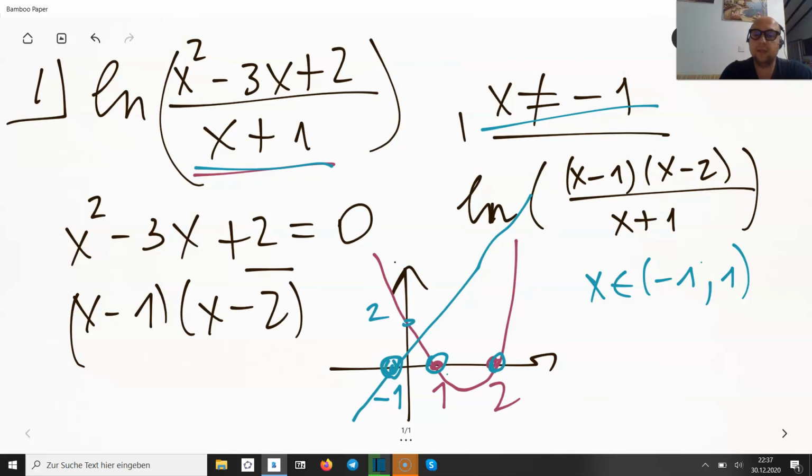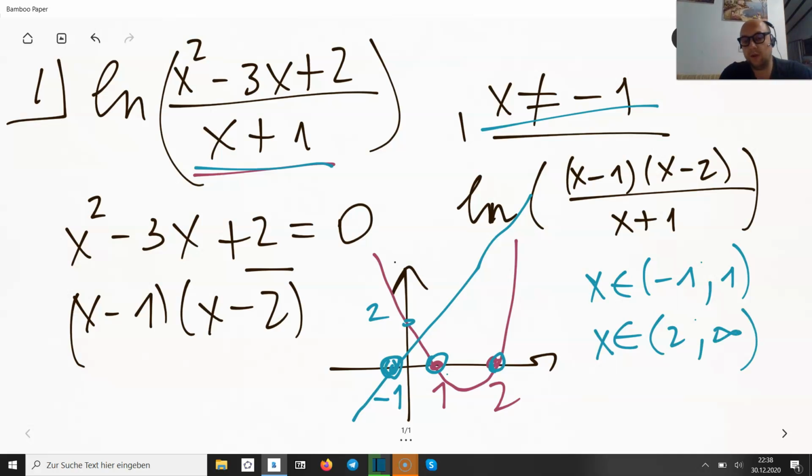We're fine with that. From 1 to 2, the linear function is still positive, but the parabola is negative. And from 2 to plus infinity, both functions are positive. So if we are from 2 to plus infinity, we're good.